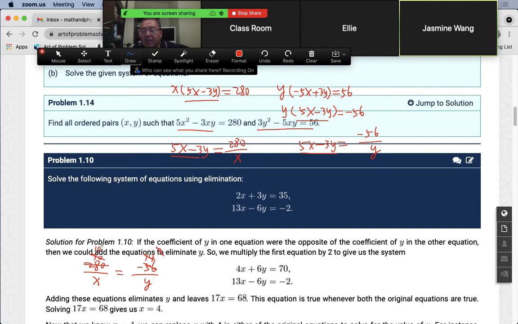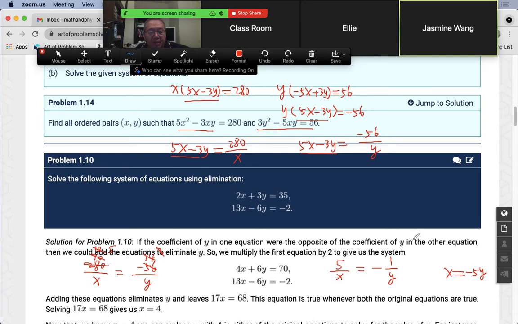Dividing both by 2, this one got a 5. Right? So then we can write this equation as 5 over x equals negative 1 over y. Okay? So then you do cross multiplication. You can get x equals negative 5y.